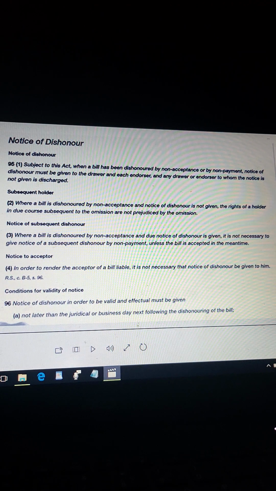Where a bill is dishonored by non-acceptance and due notice of dishonor is given, it is not necessary to give notice of subsequent dishonor by non-payment unless the bill is accepted in the meantime. Notice to acceptor. 4. In order to render the acceptor of a bill liable, it is not necessary that notice of dishonor be given to him.